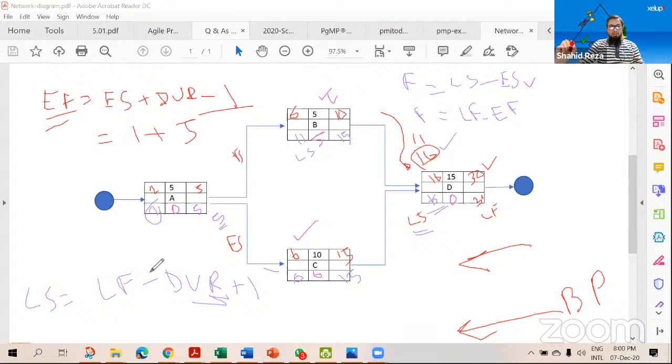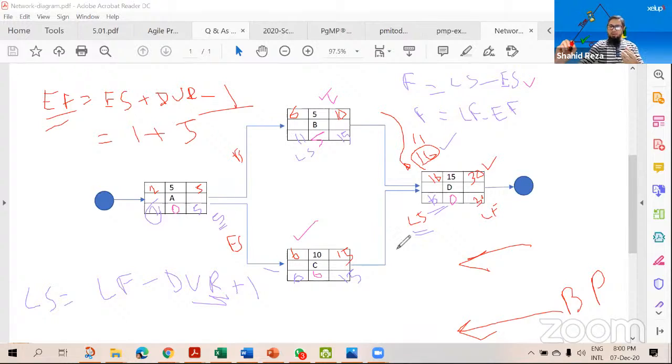All right. So if you see these tasks A, C, and D, these tasks are having float 0. So earlier, in the last class, when you added everything, we assumed that in the critical path every task float will be 0.